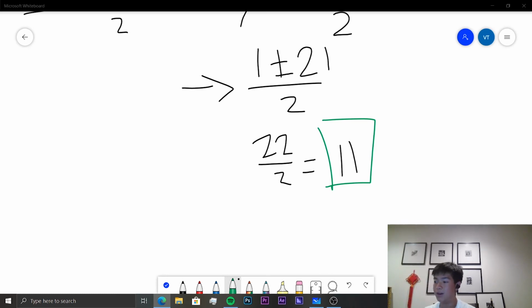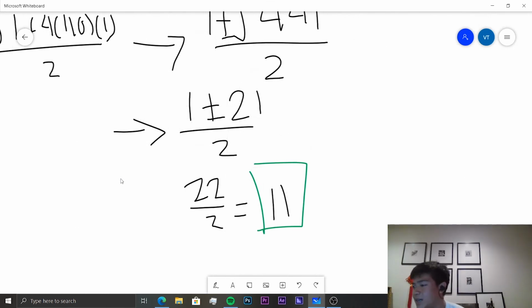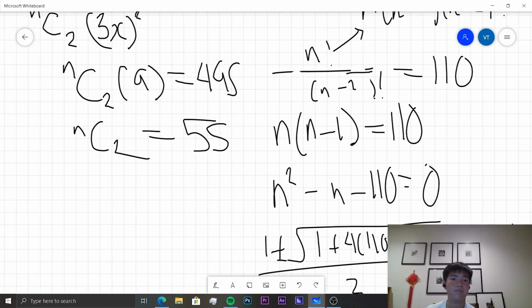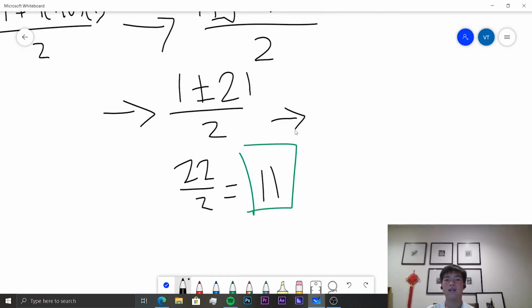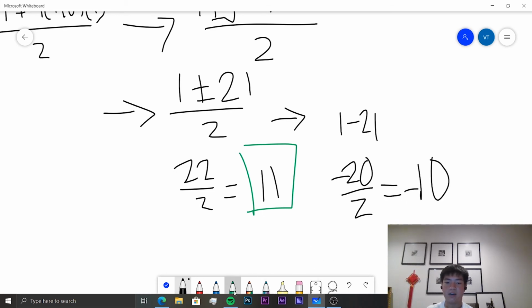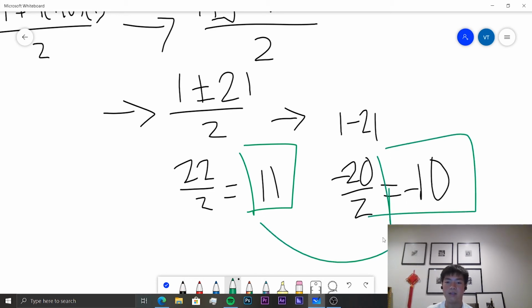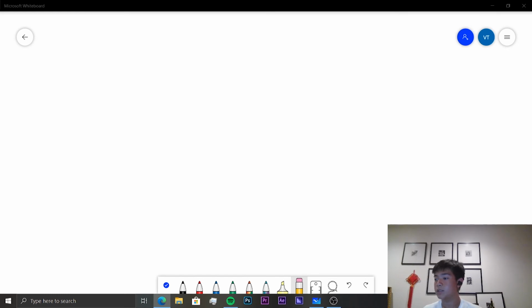Oh no, apparently you could have a negative number as the exponent. Okay, interesting, but that makes sense. And so this could also be 1 minus 21, which is of course negative 20 over 2, which is equal to negative 10. So these are our two possible values for n. Pretty simple. Let's jump into the next one.